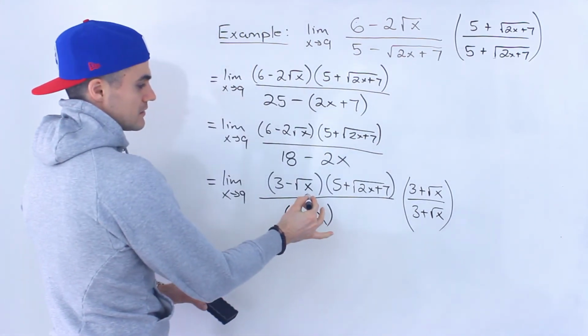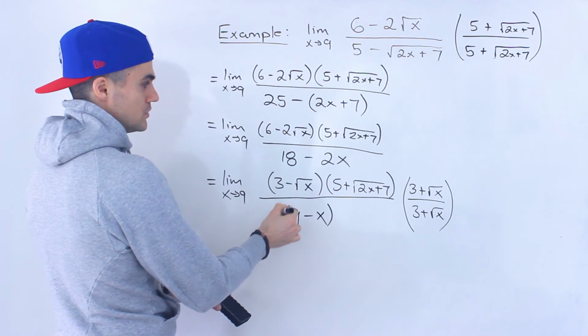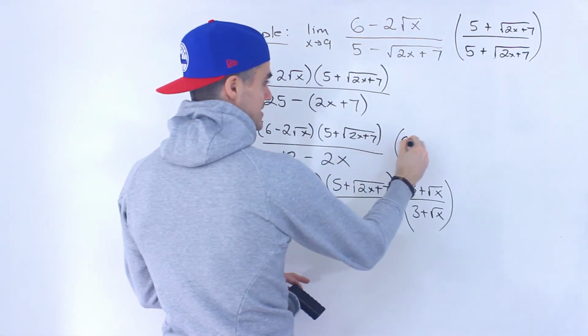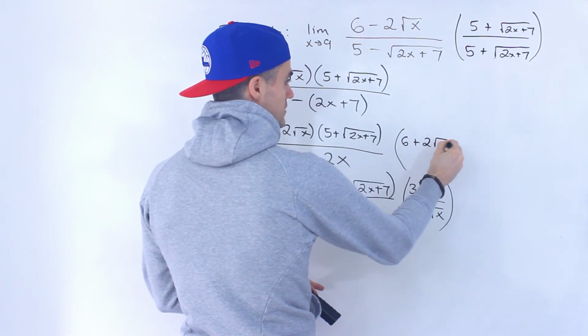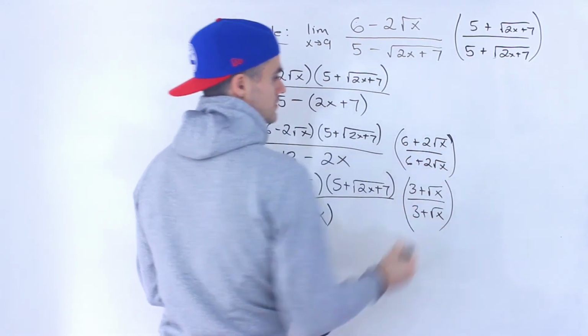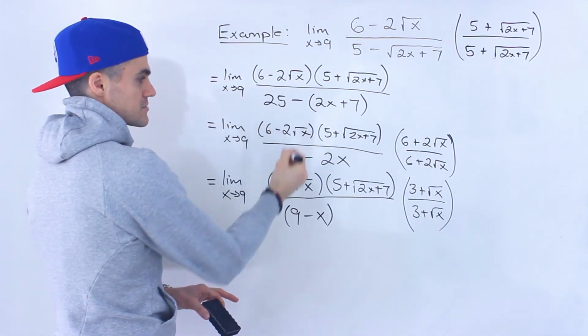Now, if you didn't simplify, as in you didn't factor out the 2, then at this point what you would do is you would rationalize by multiplying by 6 plus 2 root x over 6 plus 2 root x, like that. That would be the conjugate of this bracket.